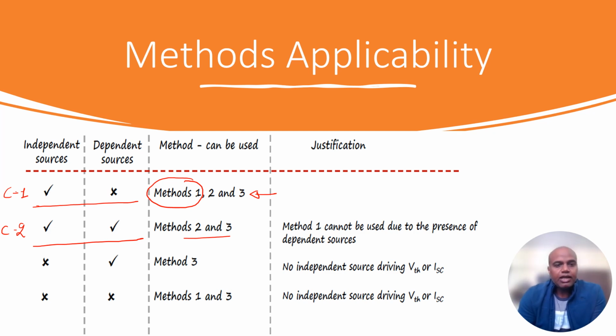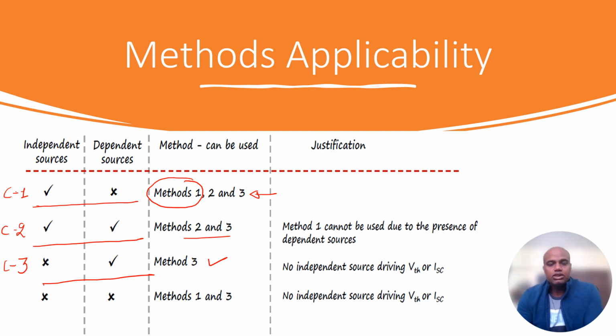Case 3: if we have only dependent sources in the circuit and no independent sources, then only method 3 is applicable. We cannot obtain RTH with method 1 and method 2.